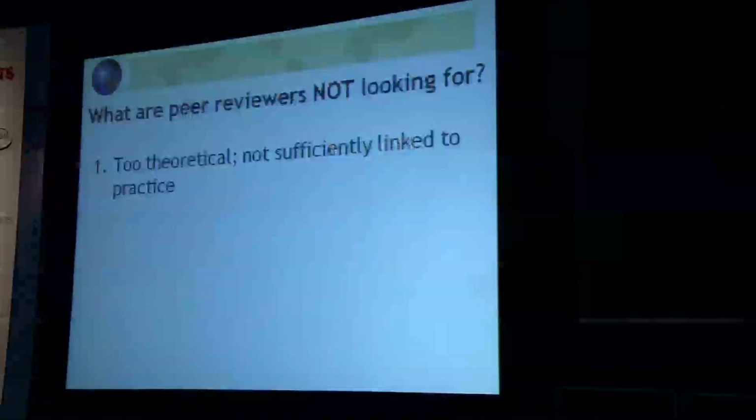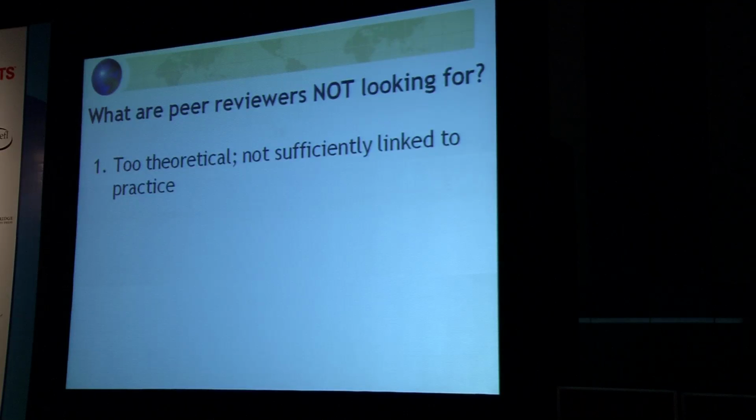It's really, really interesting, but it's not for our journal. It's for a different journal, because the author hasn't gone on to say what this might mean in terms of practice. So a rejection after peer review might be because a paper's too theoretical, not sufficiently linked to practice.